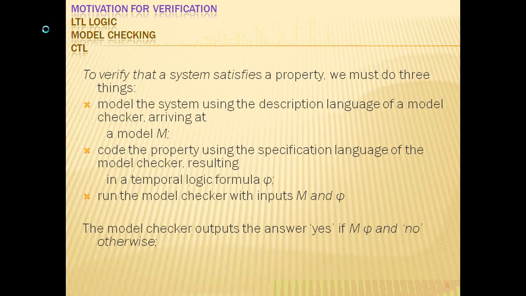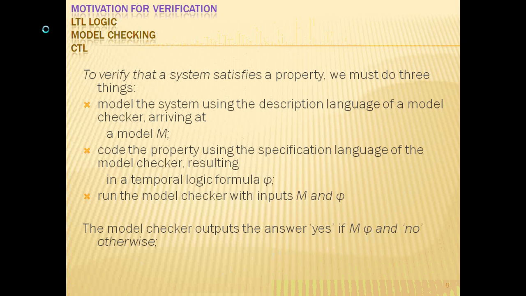First one is model the system using the description language of the model checker, arriving at a model M. And we need to explicitly code the property using some specification language given in the model checker, resulting in a temporal logic.